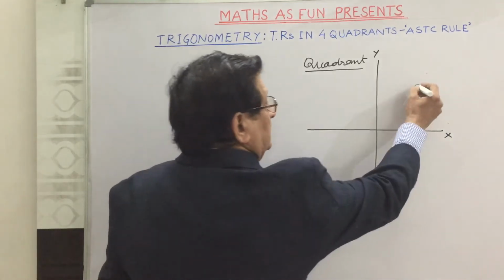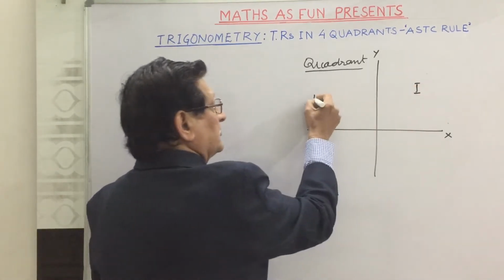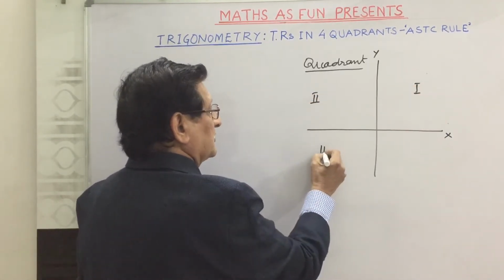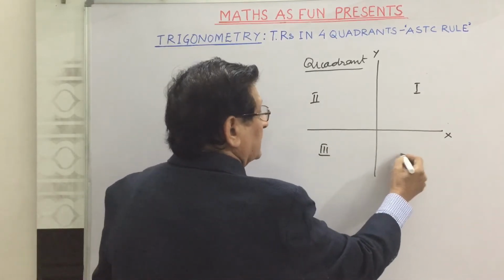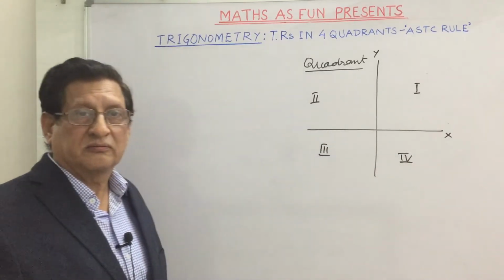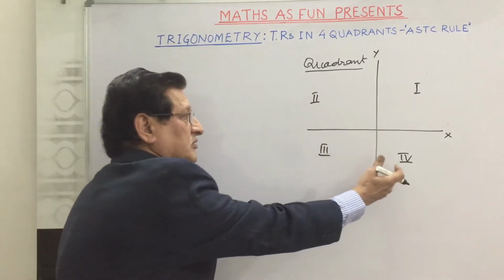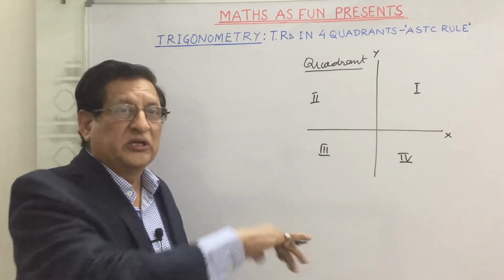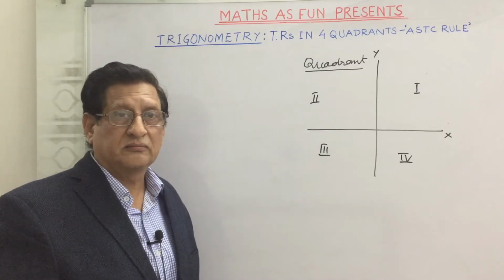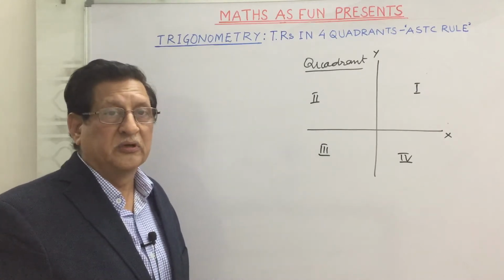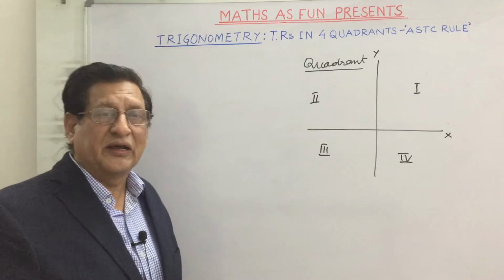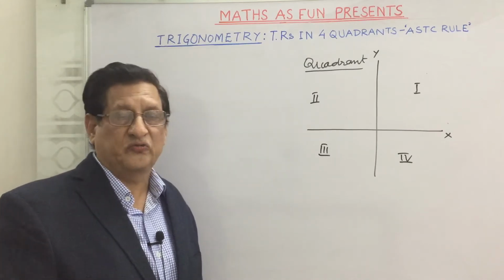We call this the first quadrant, this the second quadrant, this the third quadrant, and this the fourth quadrant. Do you know why we call them first, second, third, fourth in this order, not in any other order? If you remember, we have discussed positive and negative angles in the previous video.